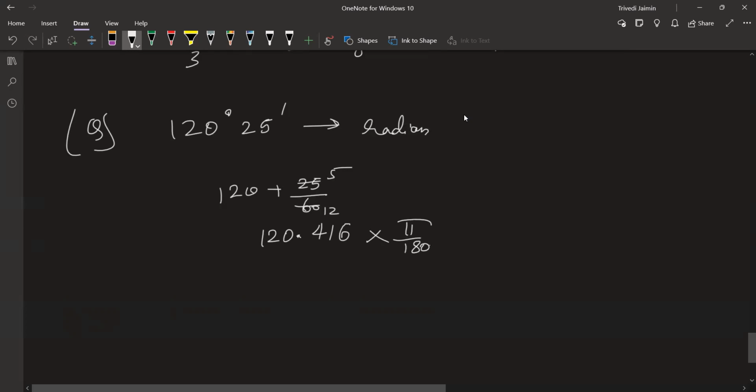Cancel this. So around 3.14 divided by 0.6 approx. It's coming 2.1 approx.